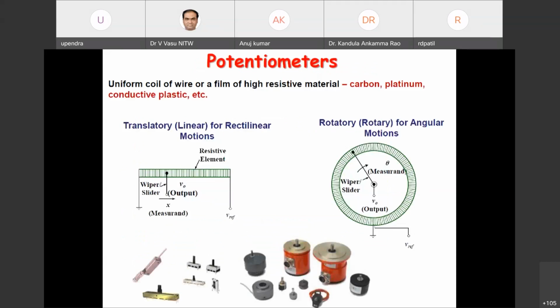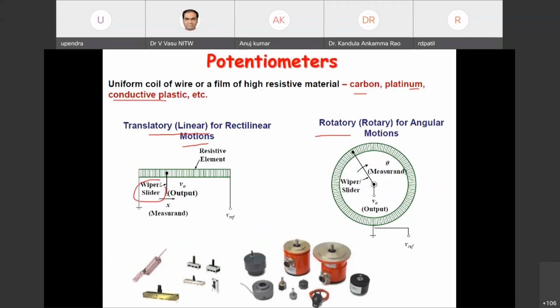First, we will see the potentiometer sensors. They can be used for linear or rectilinear motion, or for rotary motion also. They can contain carbon or platinum, or conductive plastic is also used as a potentiometer material, and there is a movement of the slider.